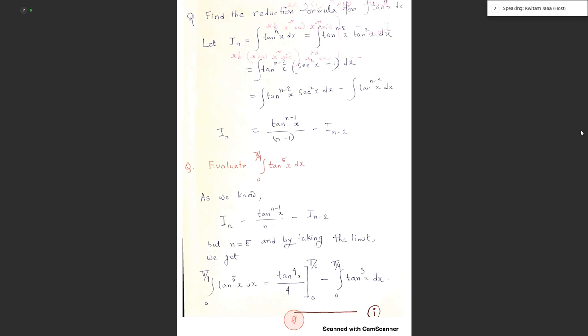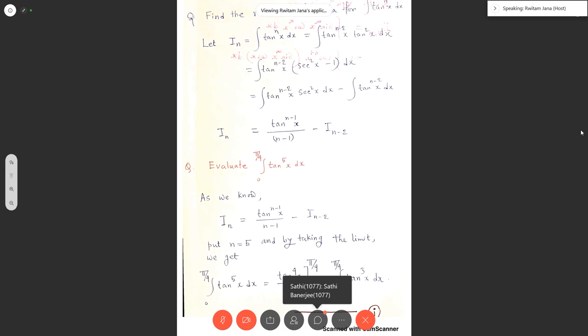Now if we put n equals to 3 in the reduction formula, obviously you will find that I3 is nothing but tan square x divided by 2 minus I1.